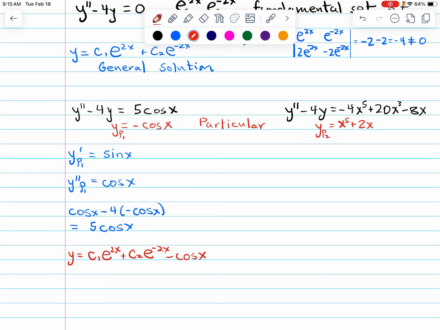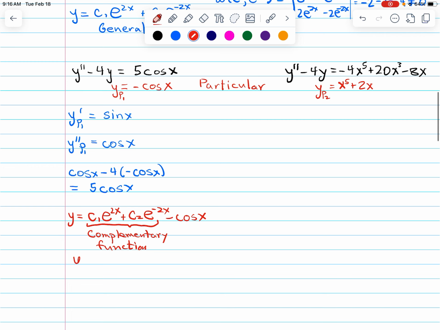And this right here is the general solution. The solution to the homogeneous part is the complementary function. But notice what we've got: this general solution is the complementary function plus the particular solution.